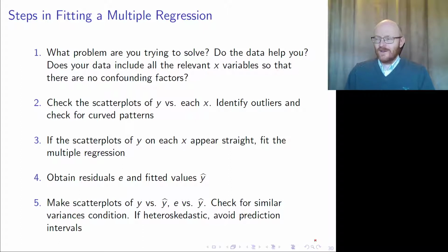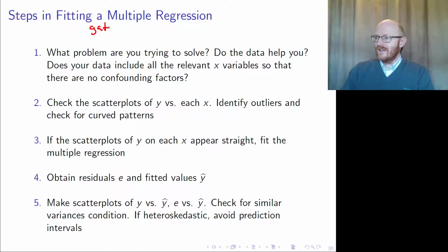Of course we all like a recipe. So these are the main steps in fitting a multiple regression, and actually you're kind of lucky, because you don't need to gather data, and you don't need to clean data.